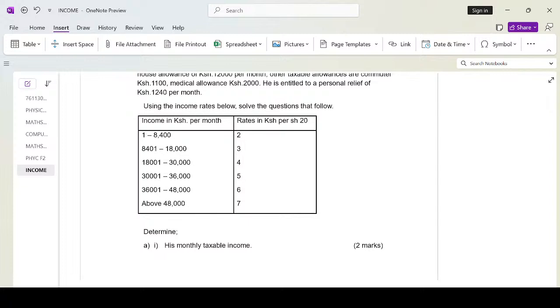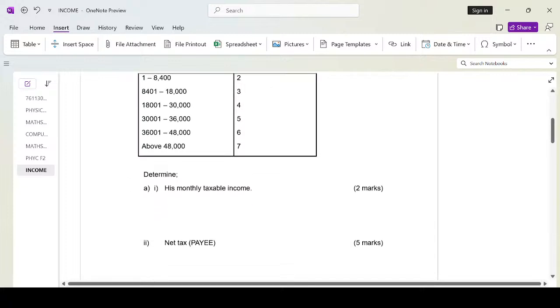It's very important, learners, that first of all we understand what the table heading means for us. Rates in Kenyan shillings per 20 shillings means that this rate is charged for every 20 shillings.